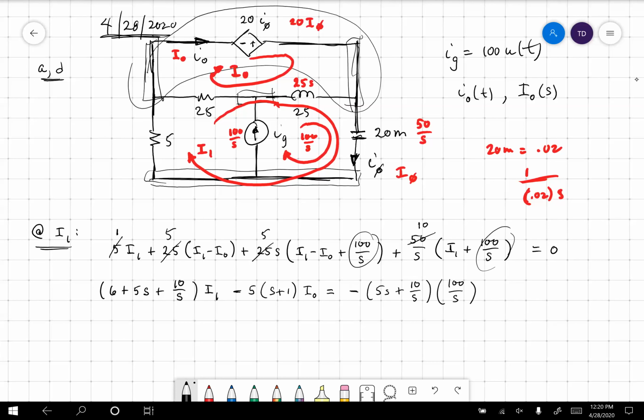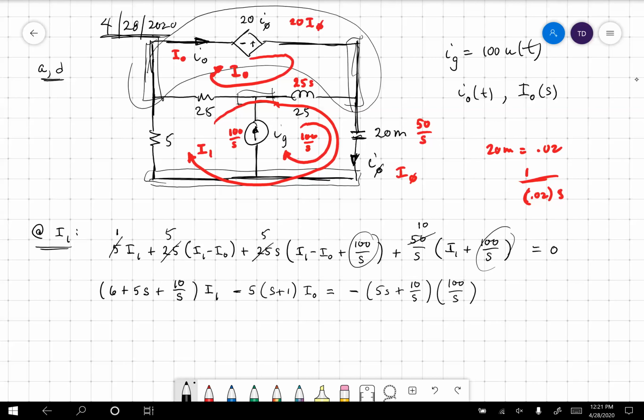Okay, so let's at least multiply through by 1S. We could multiply through by 2 if we wanted to get rid of all of the S's, but right now, I think 1S is going to do the trick for me.